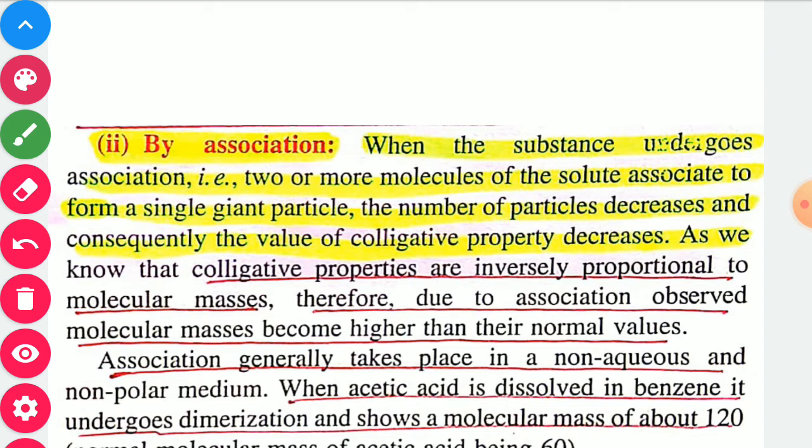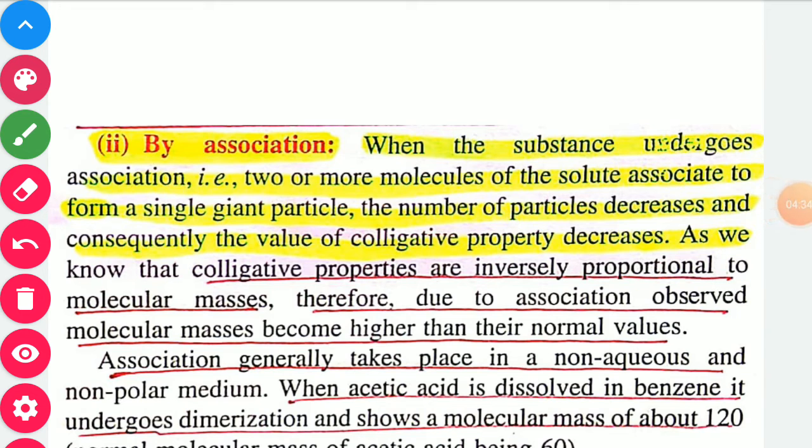As we know, colligative properties are inversely proportional to the molecular masses. Therefore, due to association, observed molecular masses become higher as compared to their normal values.